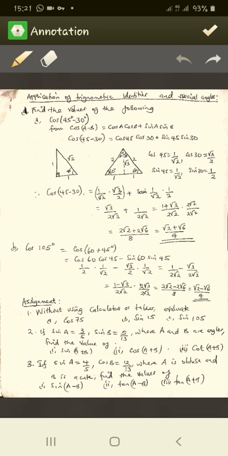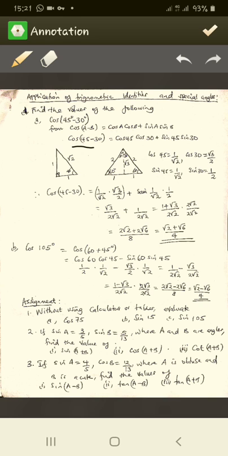So finally, cos 45 minus 30 will be equal to cos 45, which is 1 out of root 2, times cos 30, which is root 3 out of 2, plus sin 45, which is 1 out of root 2, times sin 30, which is 1 out of 2, which is a half, and we simplify.